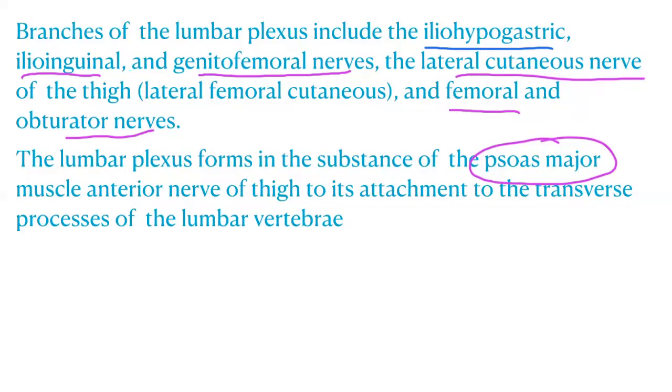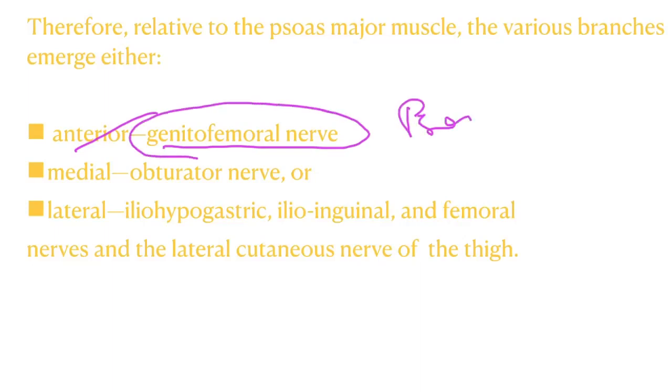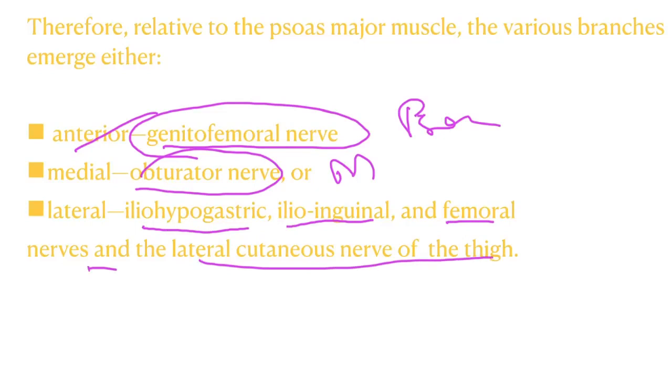Therefore, relative to the psoas major muscle, the various branches emerge either anterior, medial or lateral. The genitofemoral nerve is anterior to the psoas major, and the obturator nerve is medial to the psoas major. The iliohypogastric, ilioinguinal, and femoral nerves emerge laterally, as does the lateral cutaneous nerve. We have to remember these things.